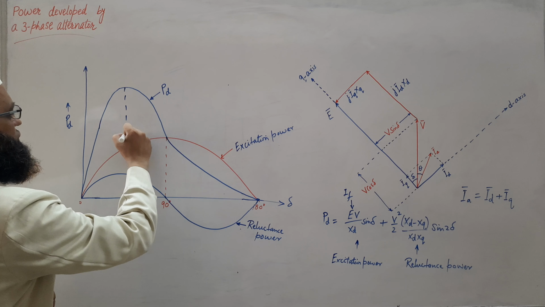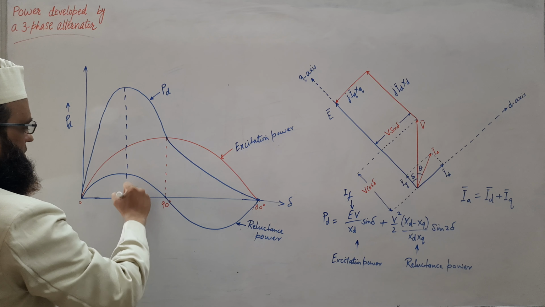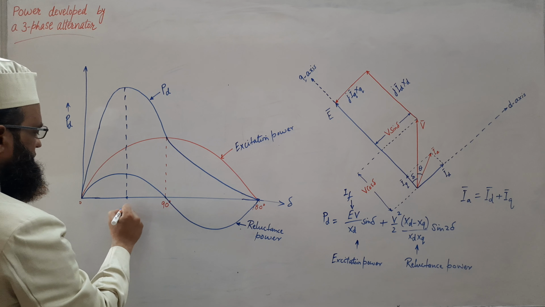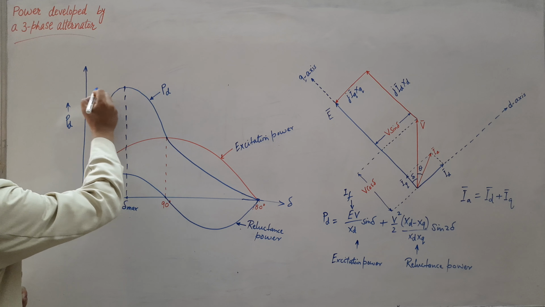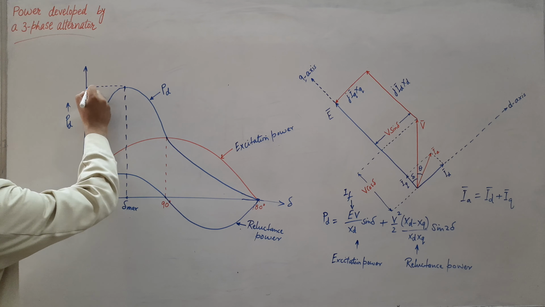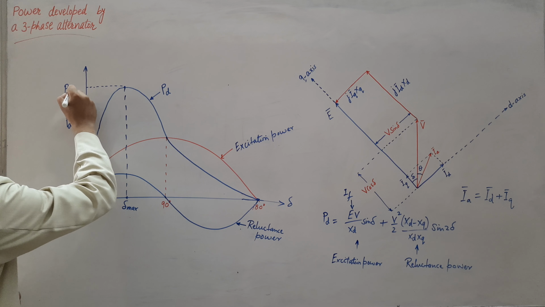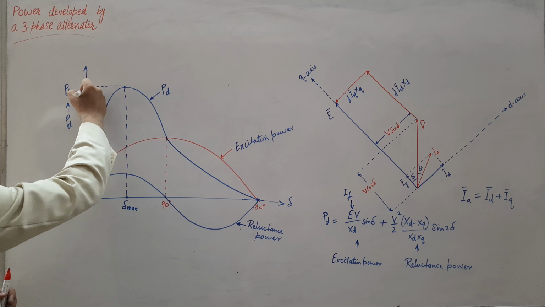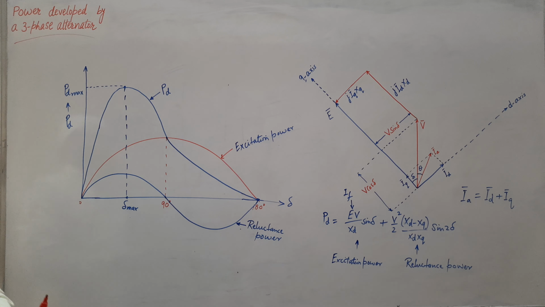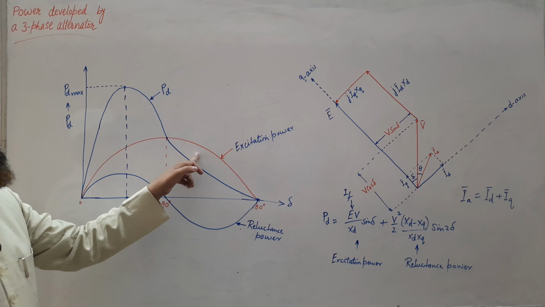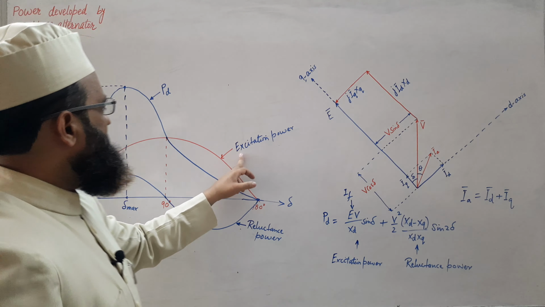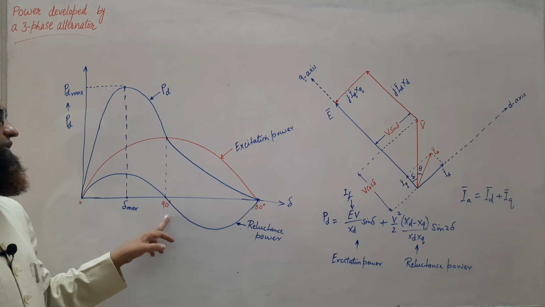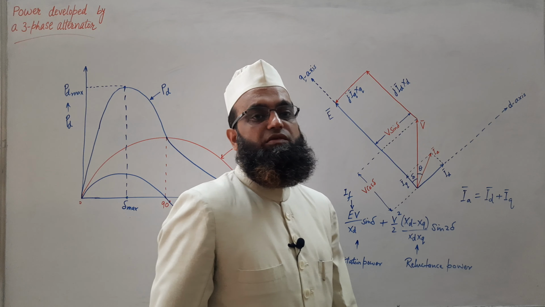This is a very useful thing. So you may write delta max, where we are getting PD as the maximum value, so here we may write PD max. Though theoretically it seems that the excitation power component gives its maximum value when delta is 90 degrees, practically this is not possible.